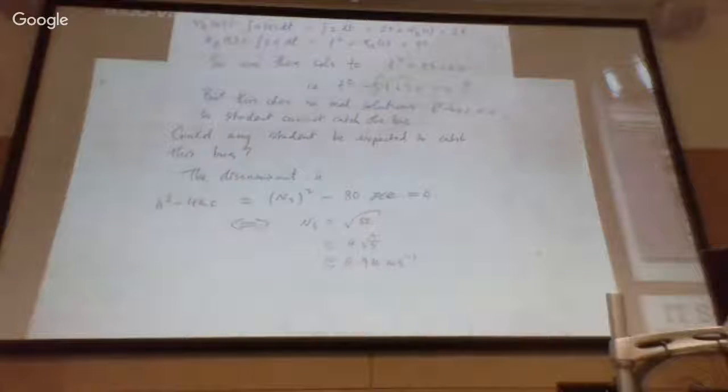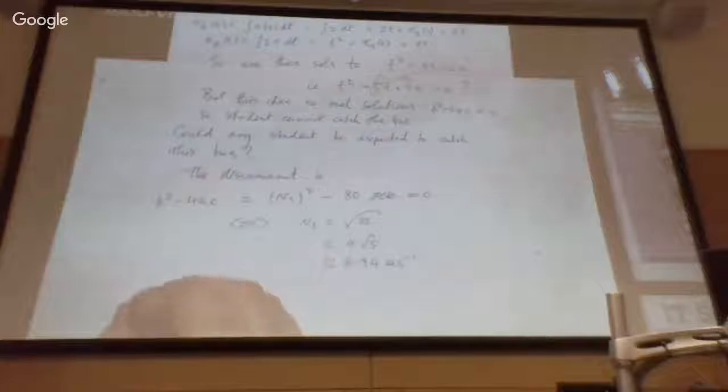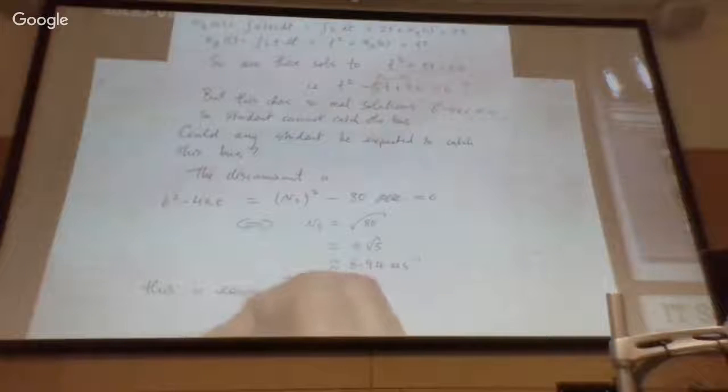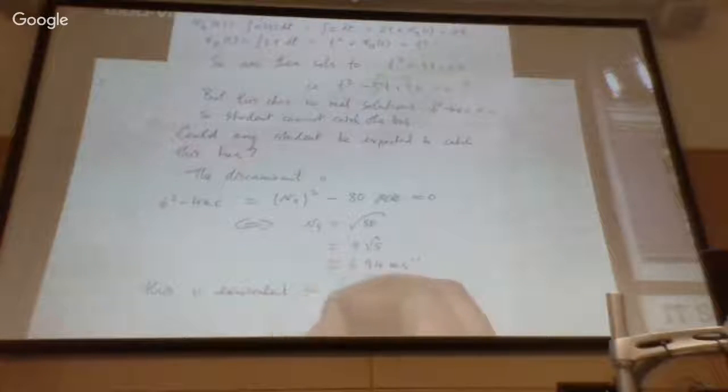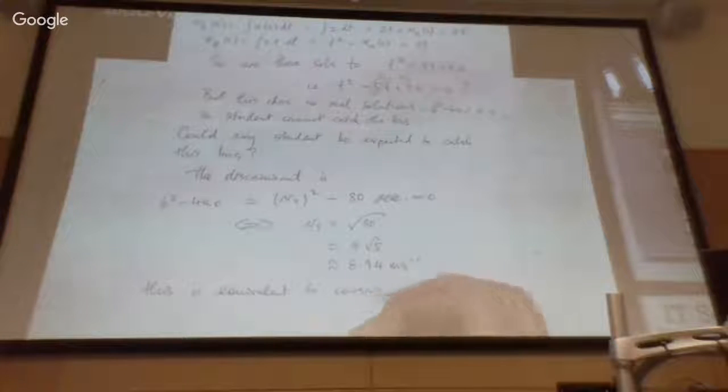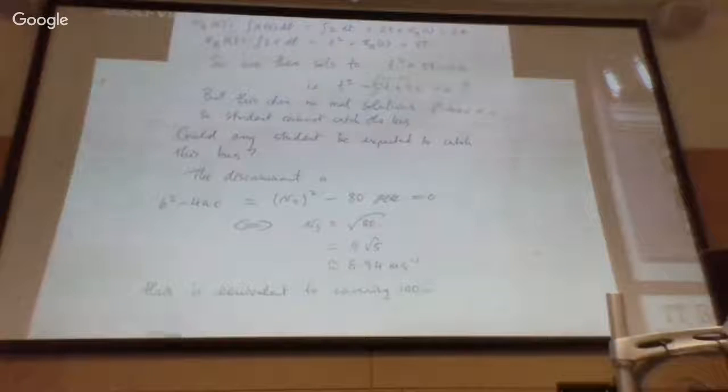Now, how fast is that? Is that a reasonable speed? It's easy to get an idea of how fast that is by thinking how fast they would cover 100 meters.